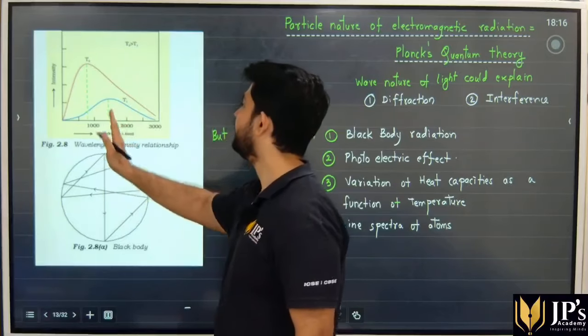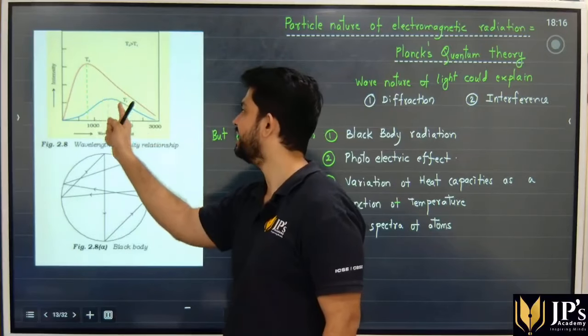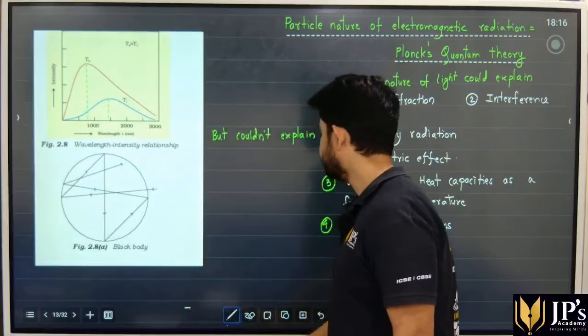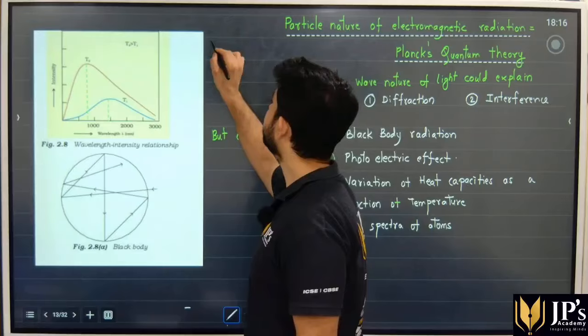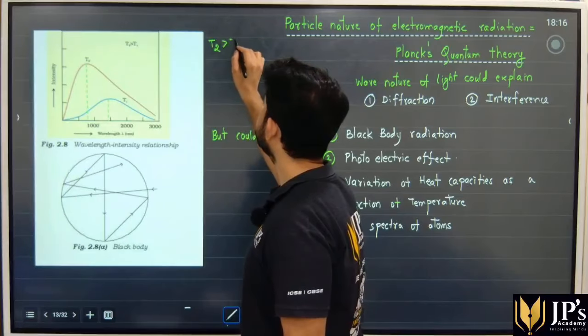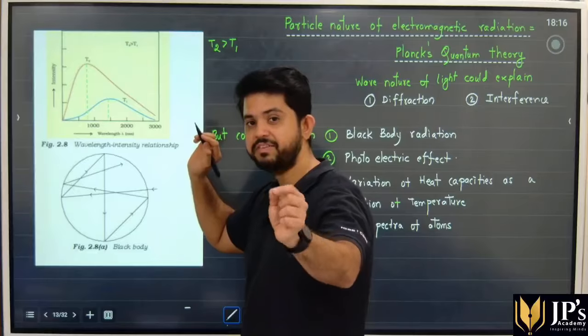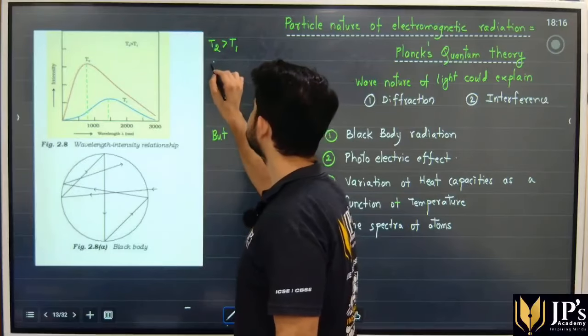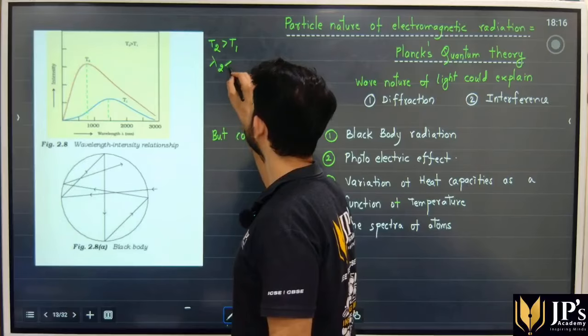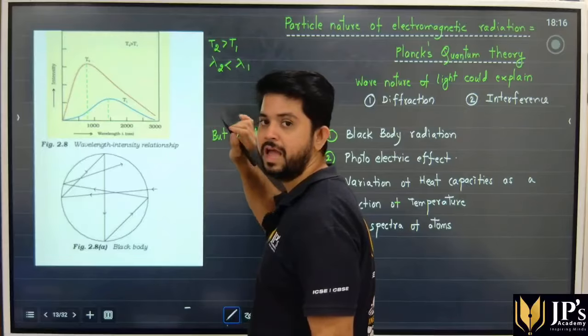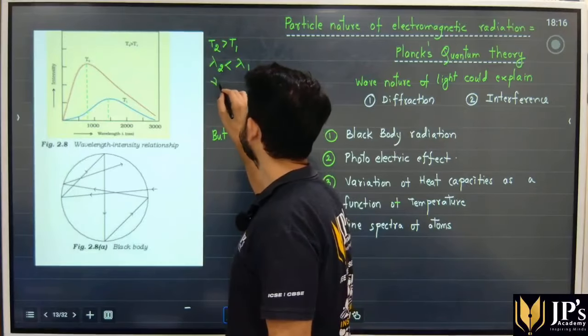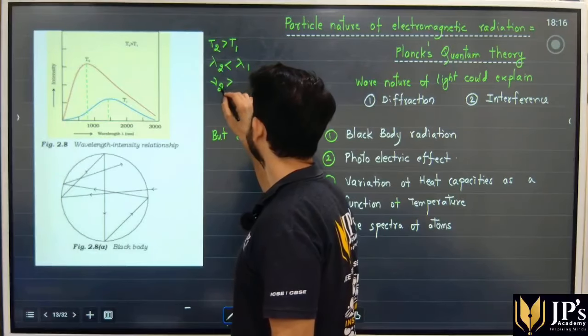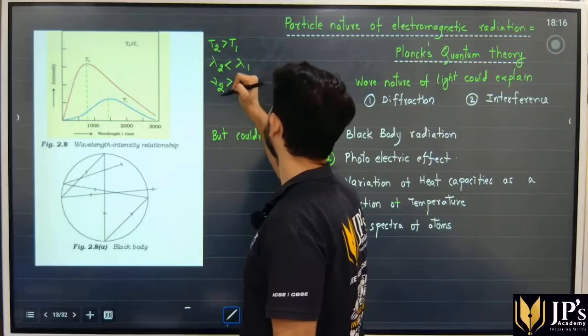I repeat, when you increase the temperature, the peak intensity wavelength shifts backward. So over here, since T2 is greater than T1, the wavelength at maximum intensity, lambda 2, is less than lambda 1. And you can say the frequency nu 2 is greater than nu 1.